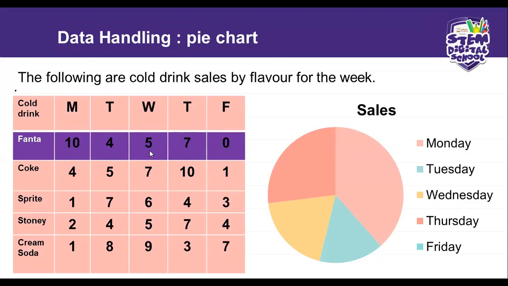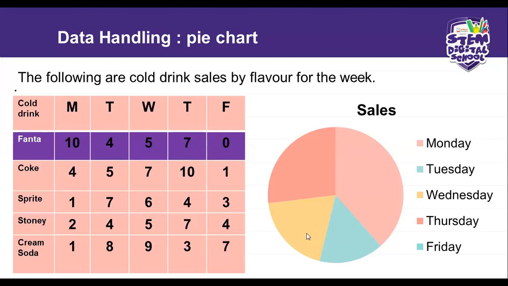Now let's go to the pie chart and see if it confirms. Okay, Wednesday, there's our Wednesday 5, and there is our Wednesday. So if you look at these last two slices, the Wednesday is slightly bigger than this one, which is on a Tuesday.